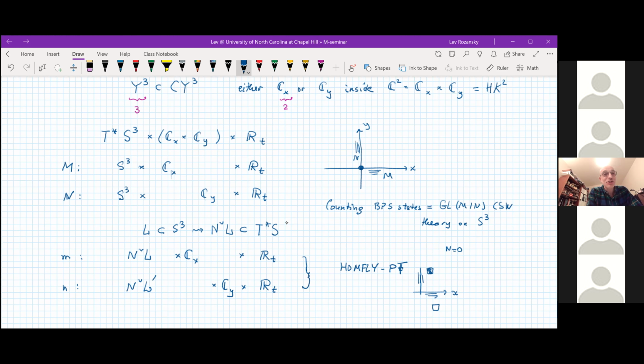Khovanov, in his original paper, had to do a lot of extra work with framing, which looked unnatural, because he wanted Q plus Q inverse. He didn't want a minus. So he had to do a lot of work to get plus instead of minus. So these ones will give you plus.